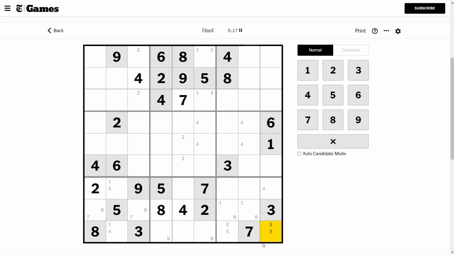So I can eliminate all other digits apart from 2 and 5 from these 2 cells. So after 4 is eliminated from this 2-5 pair, I can then force the digit 4 into this cell in block 9, which helps place the 1 and 4.